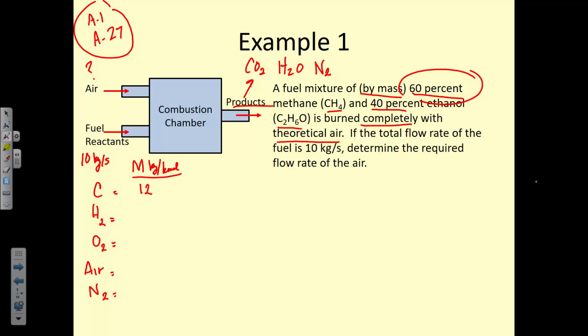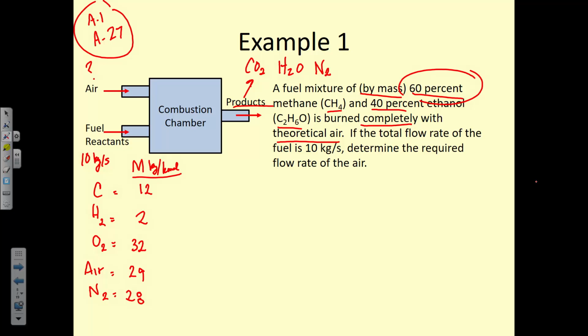What about H2? 2. Yes, we're rounding everything. Oxygen. That might be one you have to get in the other table. 32 for O2. Air is 29, and nitrogen is 28. So that's all in kilograms per kilomole.